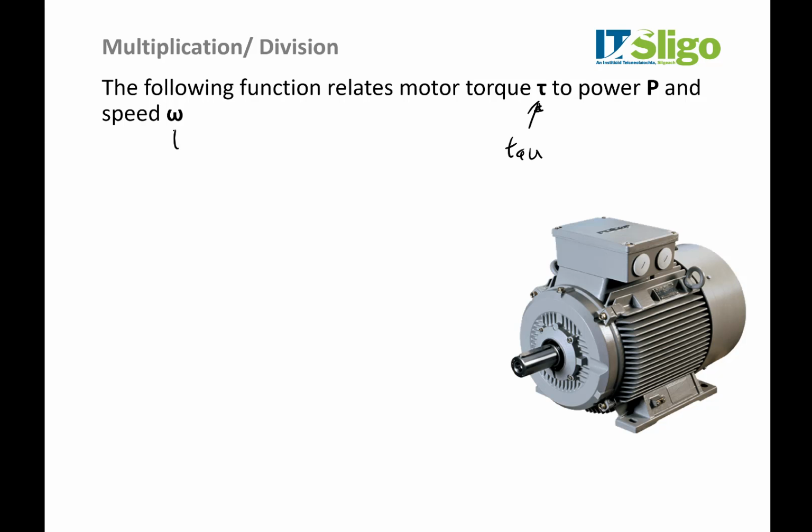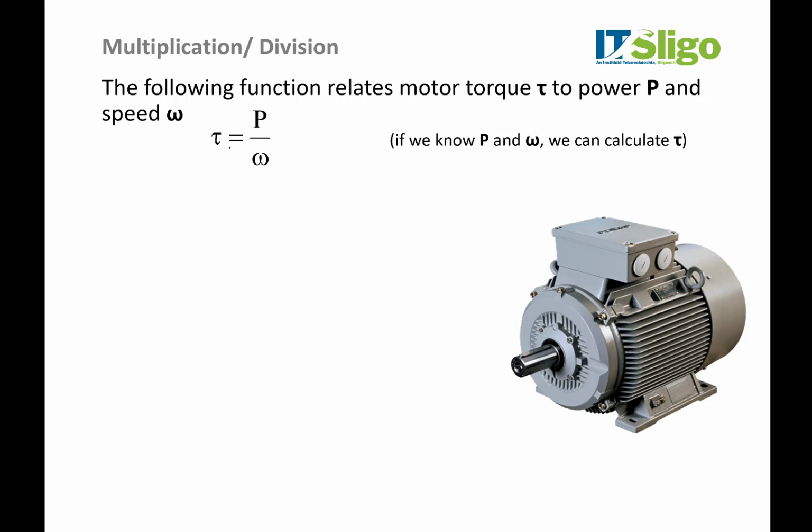And this here is omega, which one of my students once called W, which I've always liked. But tau, guys, is the torque and omega is the rotational speed. So if we know the power drawn and the rotational speed, we can calculate the torque developed by the motor.